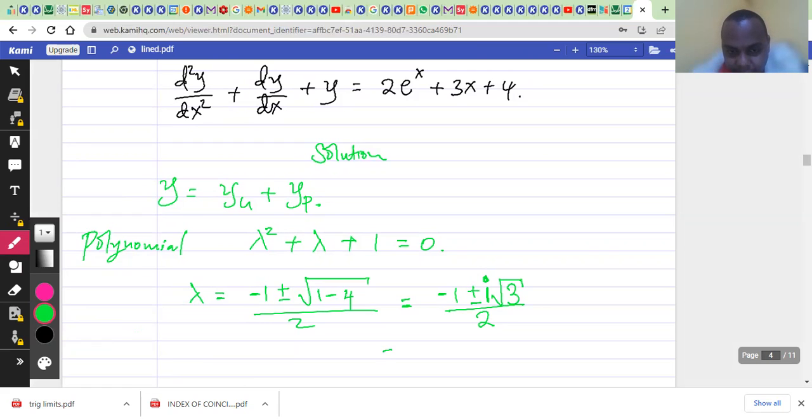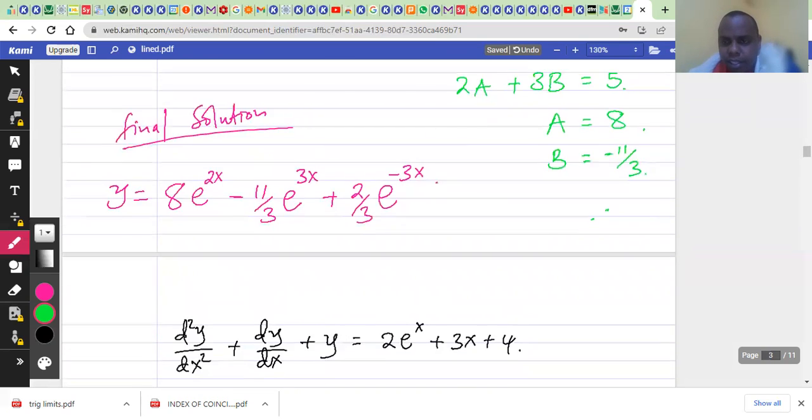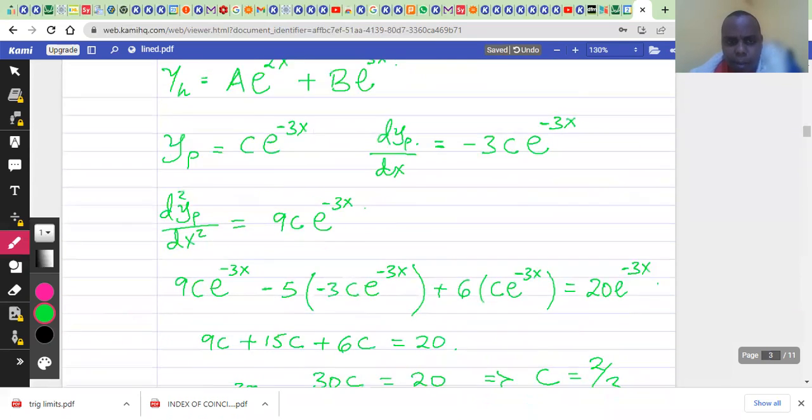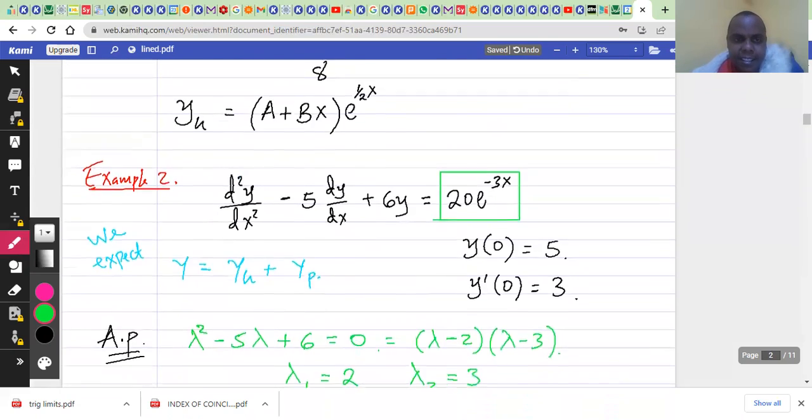Can we write it like -1/2 plus or minus square root 3 over 2 i, right? Yeah. So the solution is complex, so we have to go up and look at the cases.